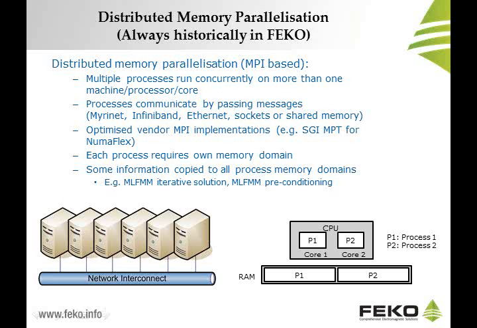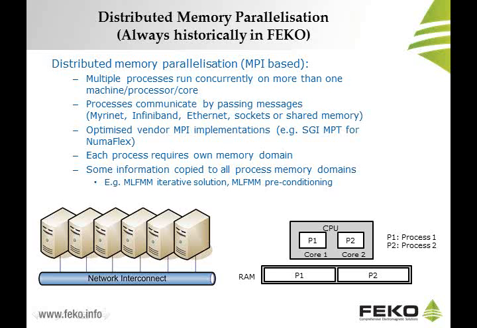This is no problem at all for the method of moments. We can ideally split the matrix. There's no overhead, there's no duplication, except for some specific geometry information and some material parameters, or the frequency must be known, of course, to all the parallel processes.